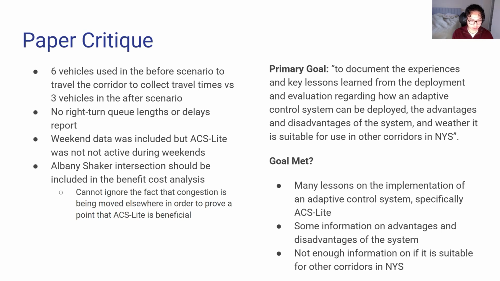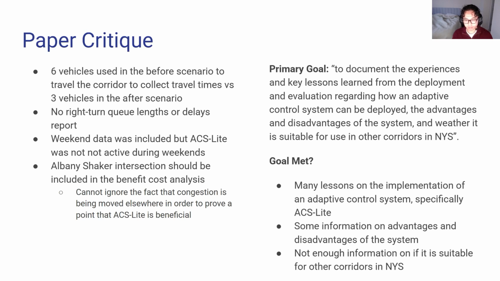But because it was operating so poorly, I feel like we can't just do a benefit cost analysis without including that intersection. So instead of trying to move away from the intersection that was causing the most trouble, maybe focus more on it.